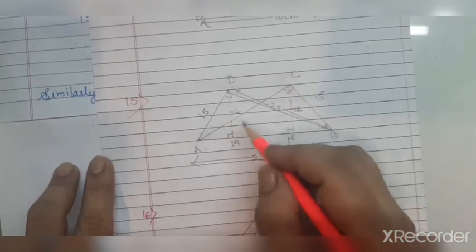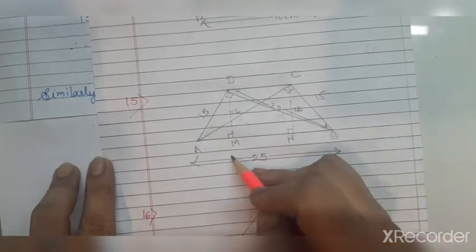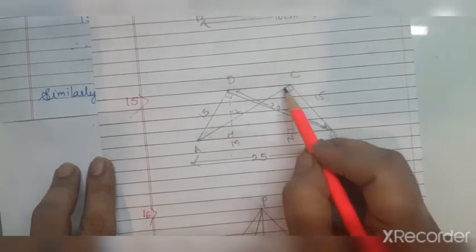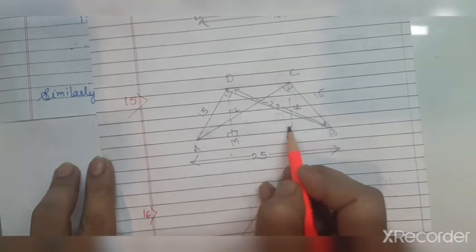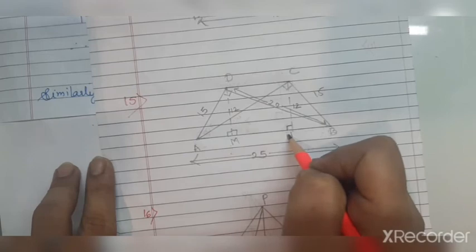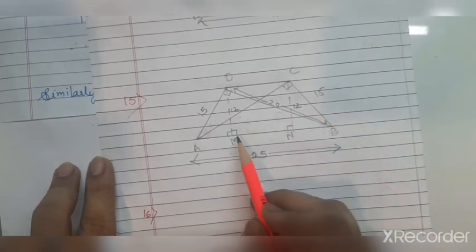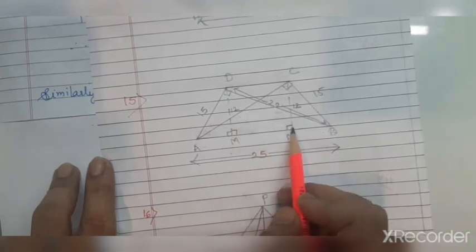Okay. Now if you look at this quadrilateral DCNM, DM is congruent to CN, and if you see the angles of this quadrilateral, these two angles are 90 plus 90. Okay, so if we add these two, 90 plus 90, it is 180.